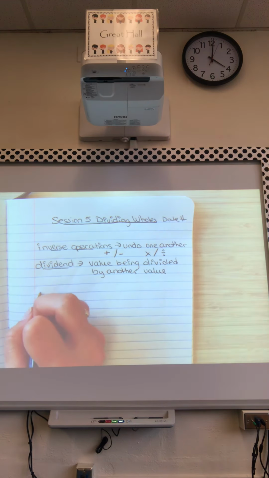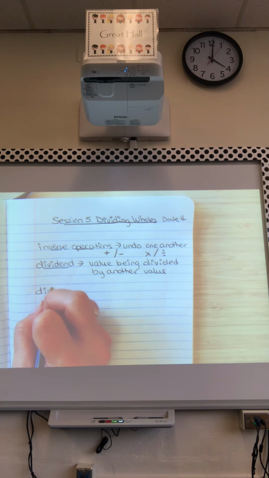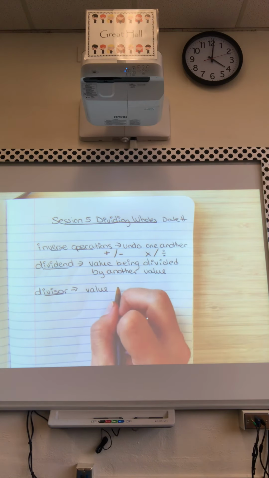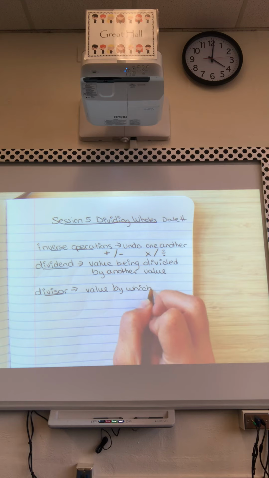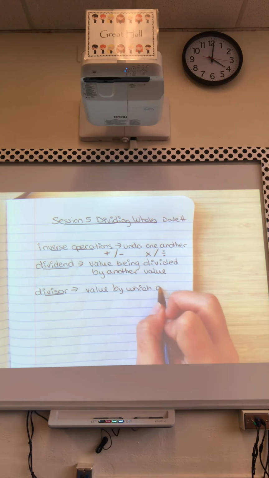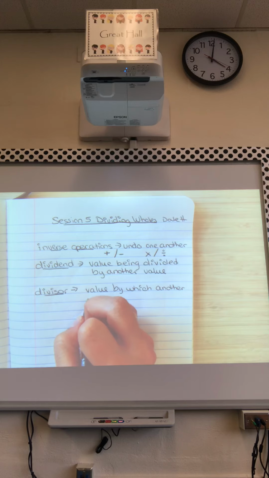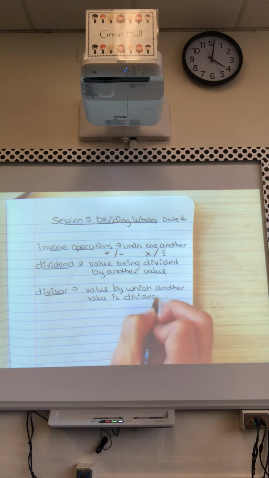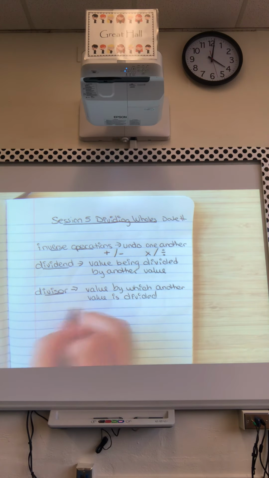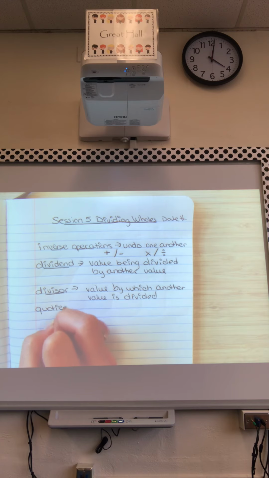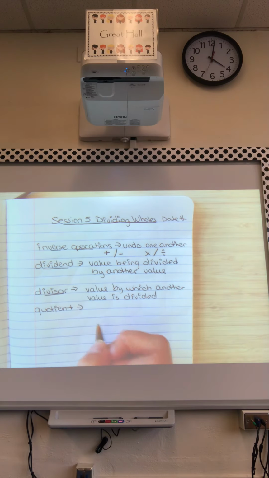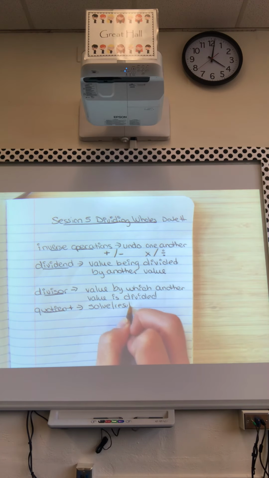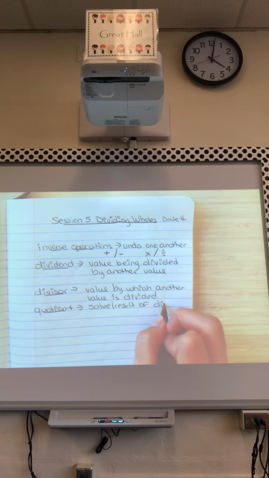So I'm then going to work with the vocabulary word divisor, and this is the value by which another value is divided. And last but not least, we have the quotient. And I like to call it the solve or the result of a division problem.